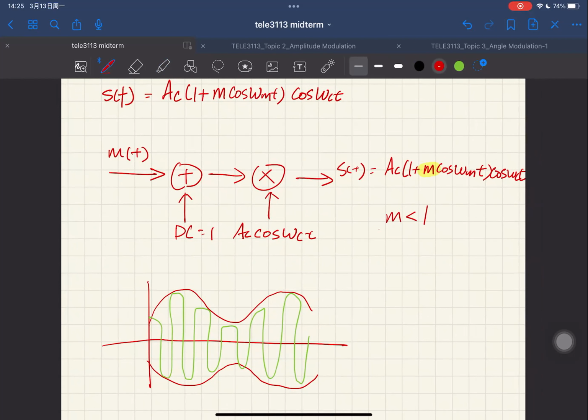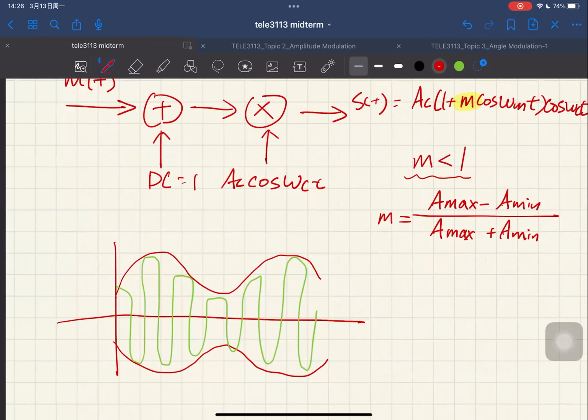You have to keep your m at most 1 to make sure you can use envelope detection to recover your demodulated signal. So how does this m mathematically influence your signal? We have to look at the formula: m equals A_max minus A_min over A_max plus A_min.